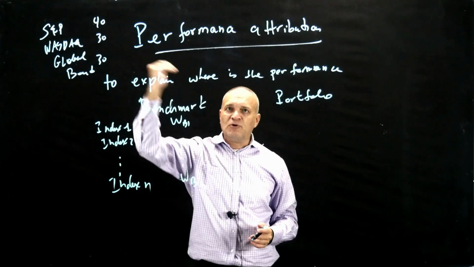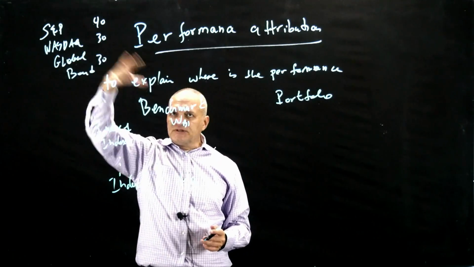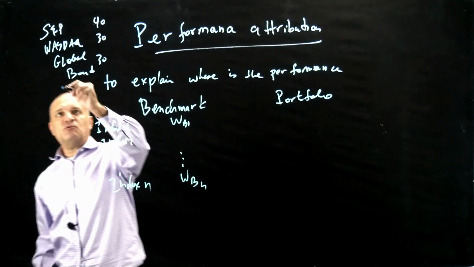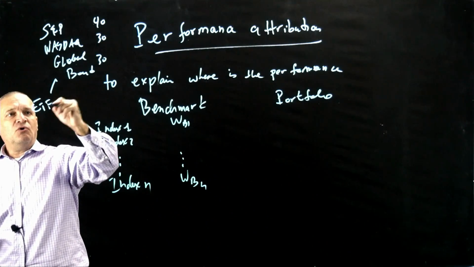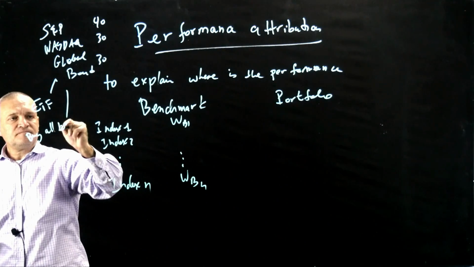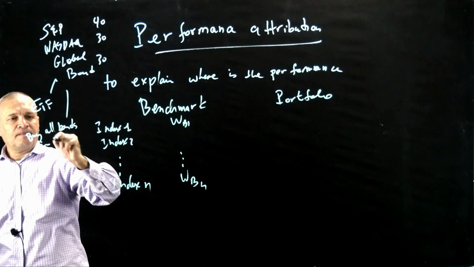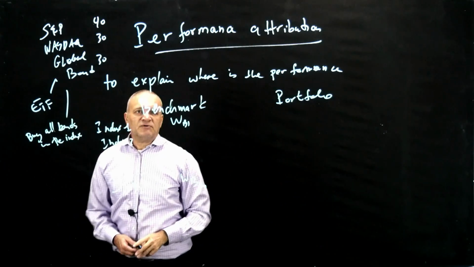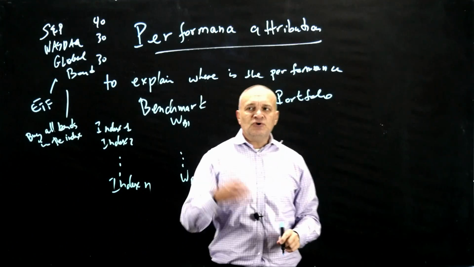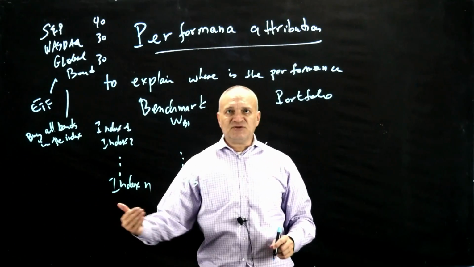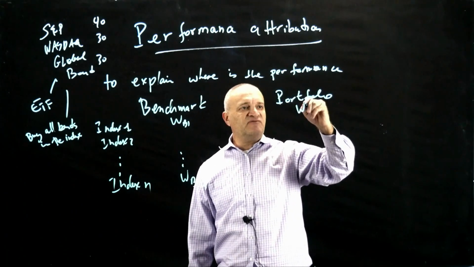I construct the index either through an ETF, or you just buy all the bonds in the index. Now inside the portfolio, you have the same assets that you invest in, but the weights are different.